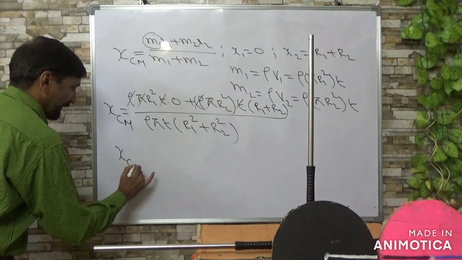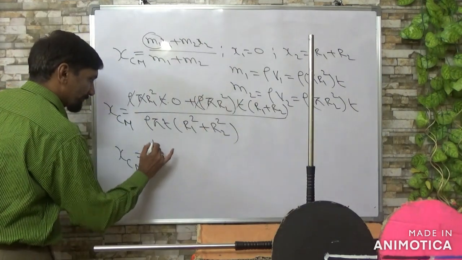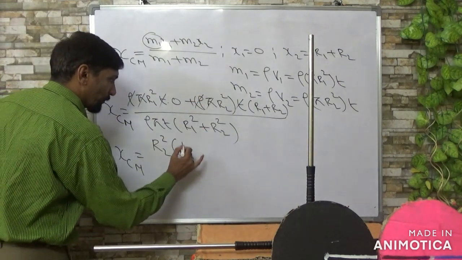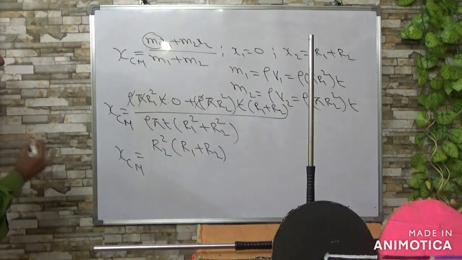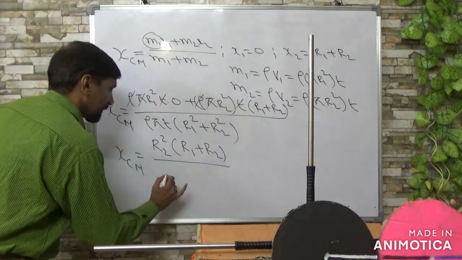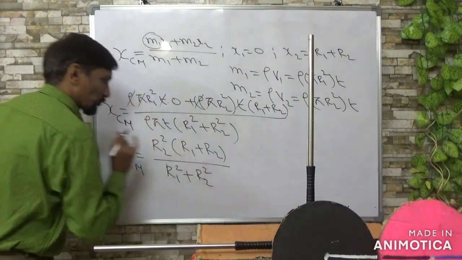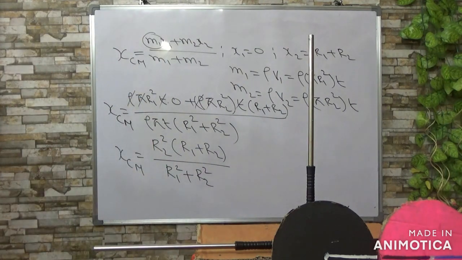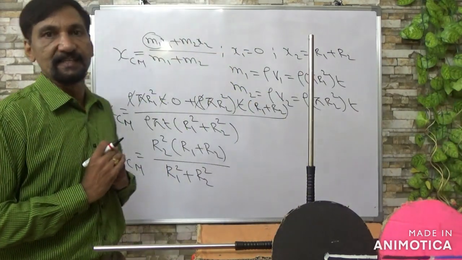Then xm becomes r2 square into r1 plus r2 by r1 square plus r2 square. So this will give us the new center of mass of the system when one disk is added to another disk.